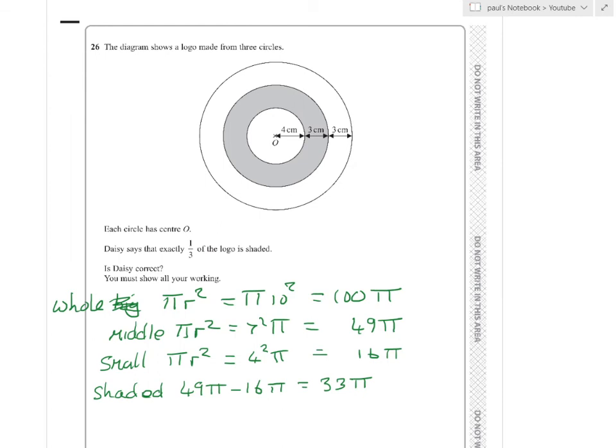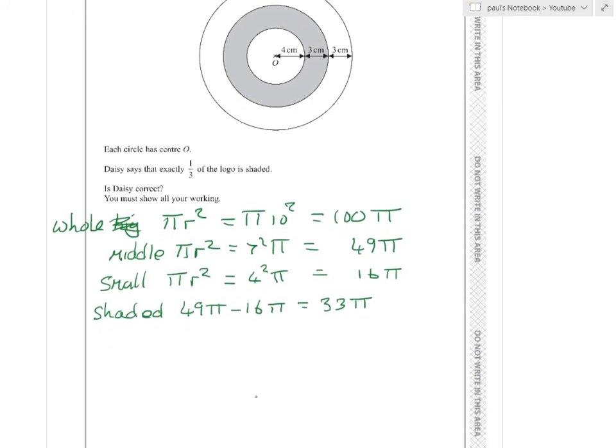So it's not exactly a third. So the shaded fraction is, what do we say, 33 out of 100.